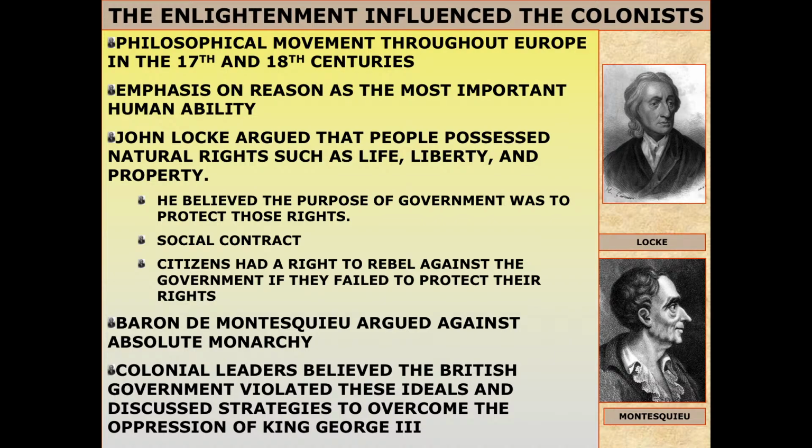So Enlightenment philosophers are going to put this emphasis on reason, natural rights, and this whole thing. So John Locke, you guys should be familiar with him from world history. He's going to argue stuff like, people have natural rights: life, liberty, and not the pursuit of happiness. That's Jefferson. But it's going to be property.